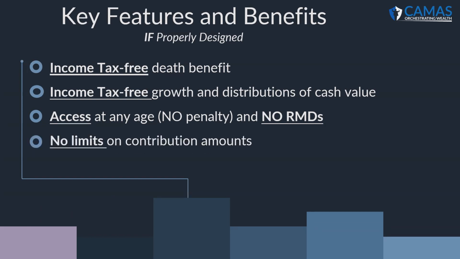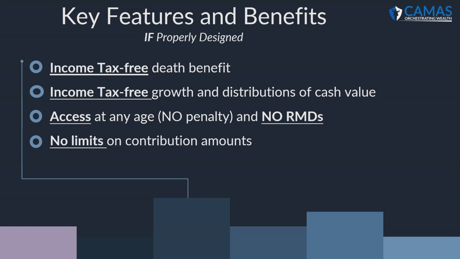This is one that I like: no limits on contribution. You can design that policy, as long as it meets the guidelines of the insurance company, so that you can put in as much cash into that policy as you want to. Now, we always talk about Roth IRAs, and I think Roth IRAs are a great tool. A lot of times with Roth IRAs, I work with clients that can't put the amount of money into the Roth IRA that they want to.